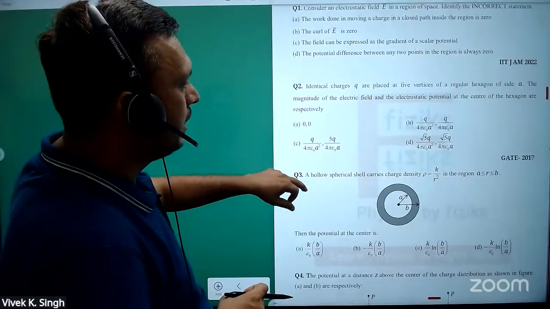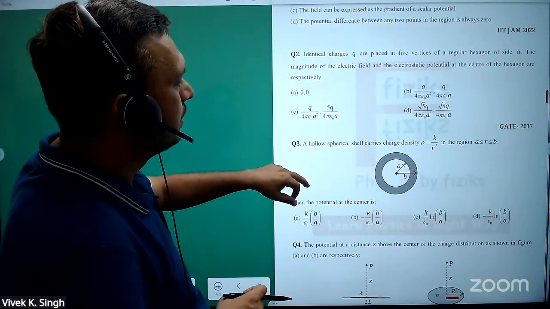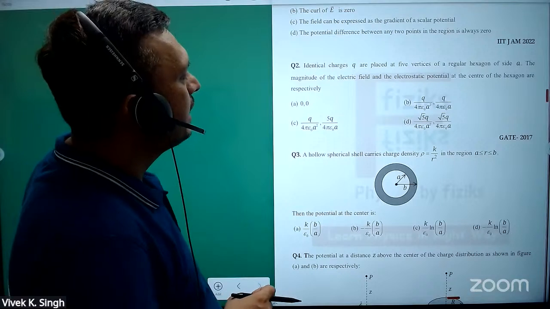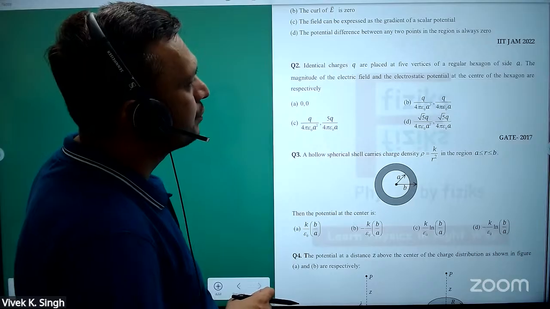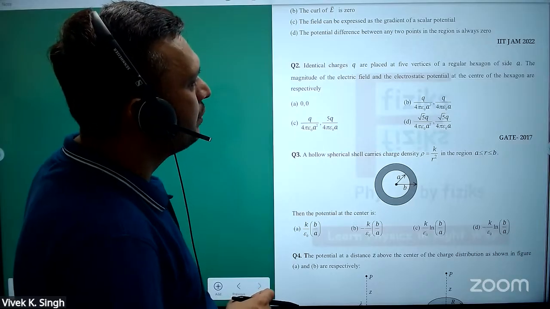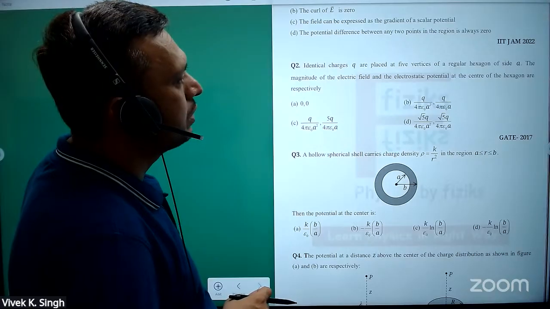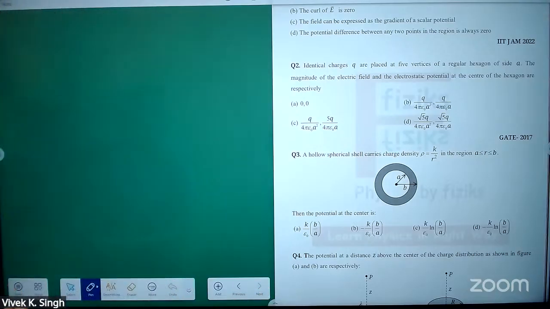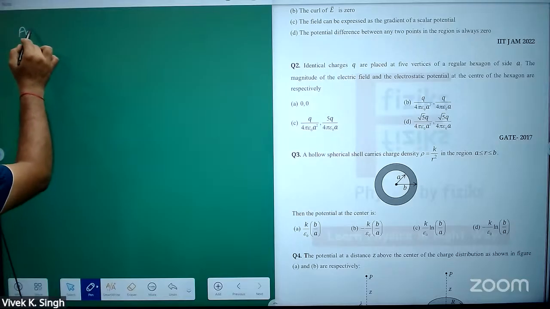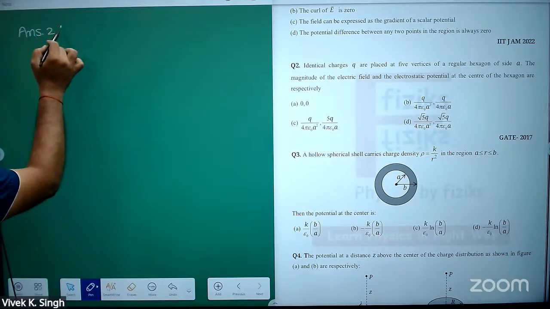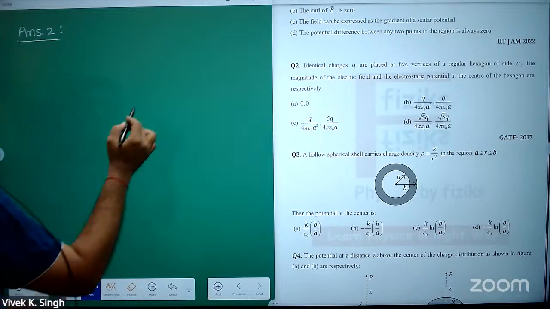Now take the next question, question number 2. Identical charges Q are placed at 5 vertices of a regular hexagon of side A. The magnitude of the electric field and the electrostatic potential at the center of the hexagon are: let's identify the correct result.